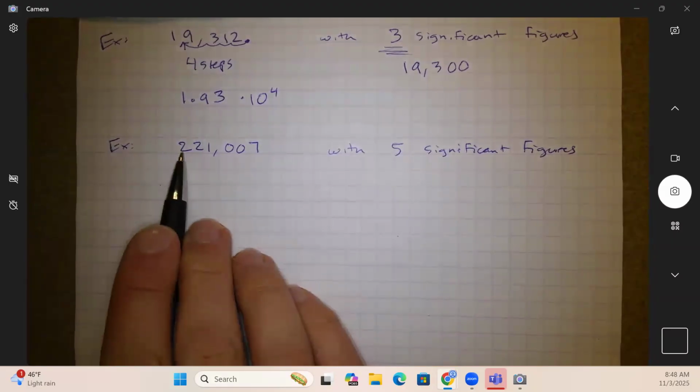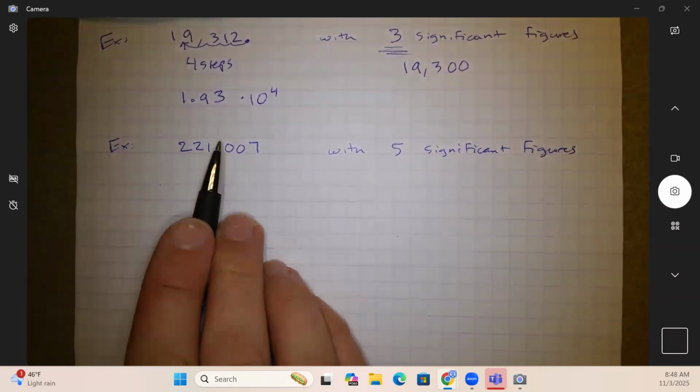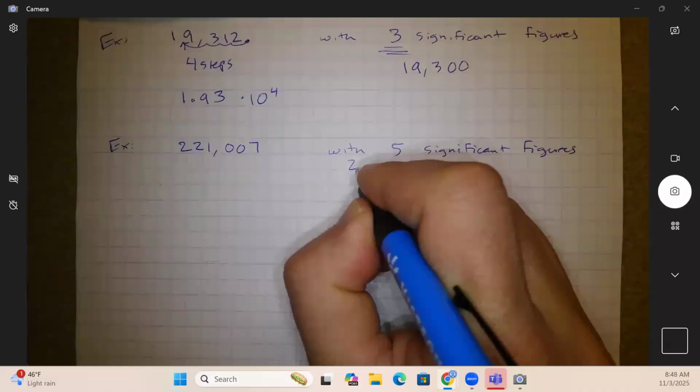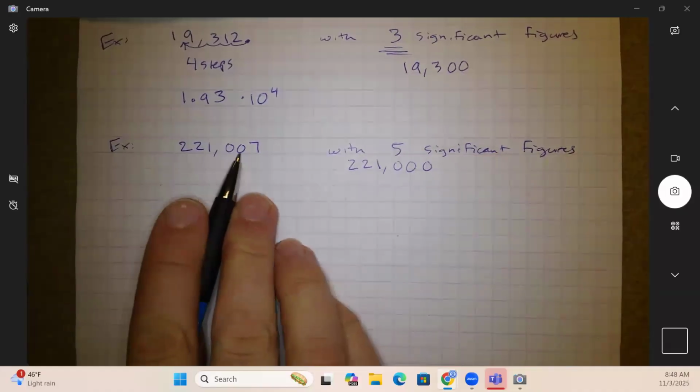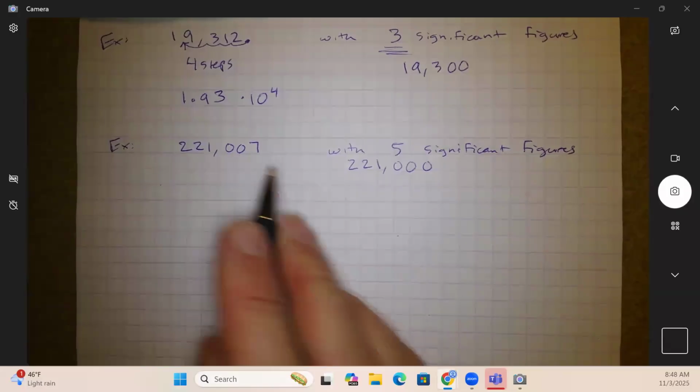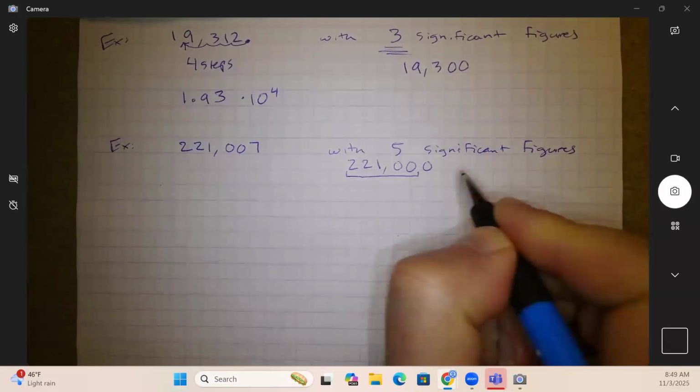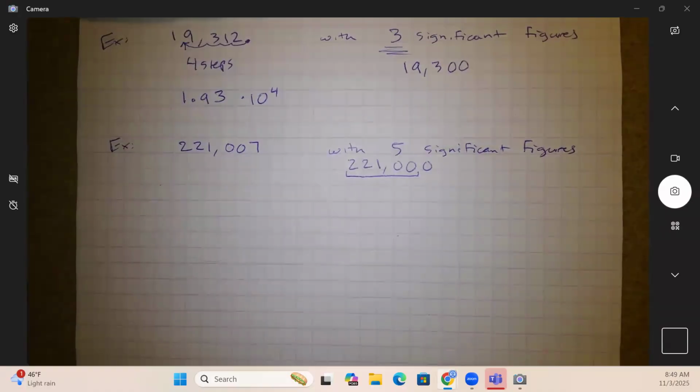So I've got 5 significant figures, 1, 2, 3, 4, 5. So actually, not only the 221, but also the first 2 zeros are significant. Those first 5 digits are all significant. It's only the last 7. It could be more, could be less.